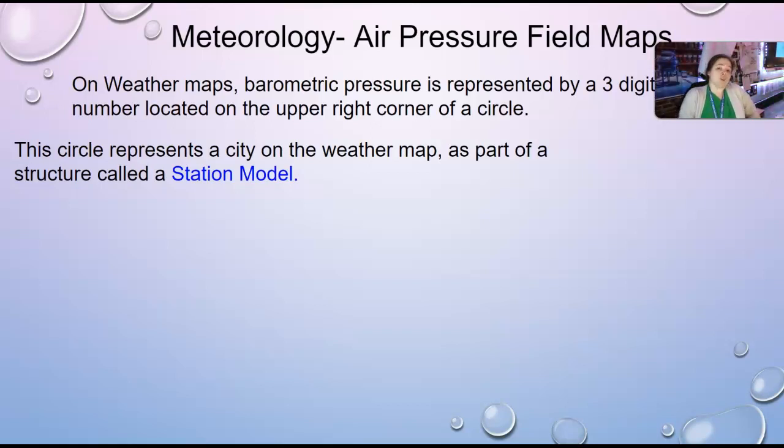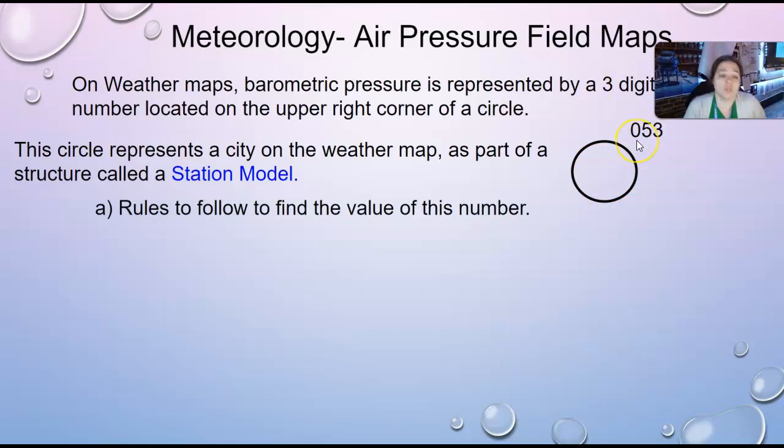Each of those circles represents a city, and usually it'll tell you the name of the city on a weather map. These circles are called a station model, and we're going to see a bunch of them. So they're going to be this circle, and you're going to have the 3-digit code. There are rules to these 3-digit codes.